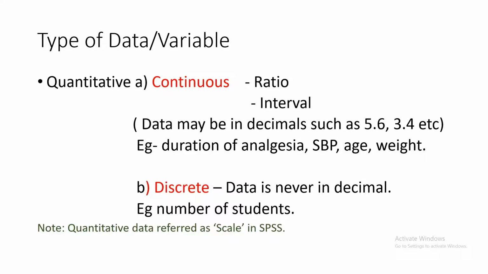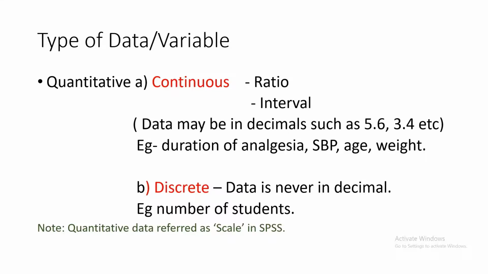And the next type of data is discrete. This is quantitative data, but the data is never in decimals. We can take the example of heart rate. Heart rate can never be in decimals. You cannot say the person has a heart rate of 72.3. It is either 72 or 73.